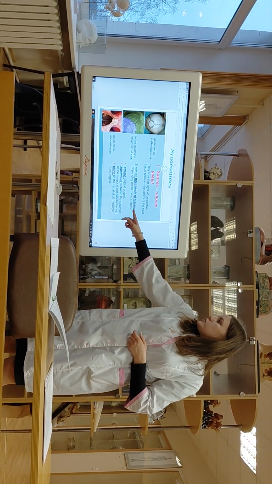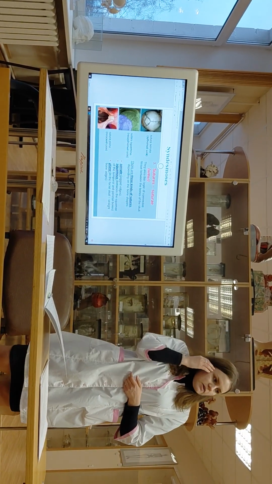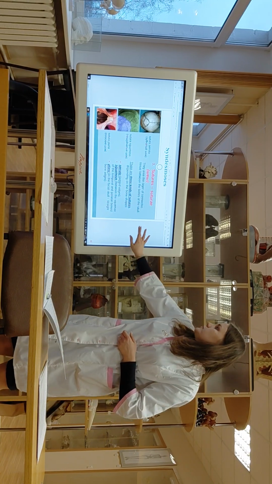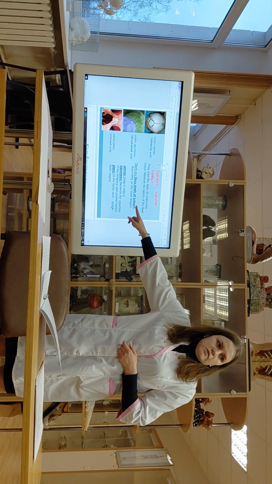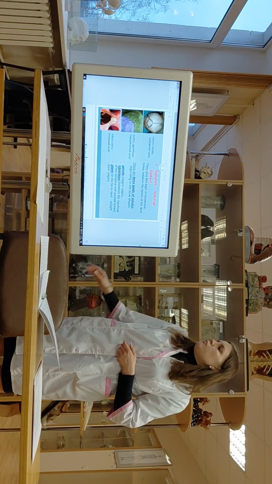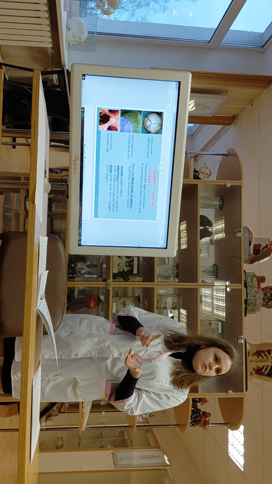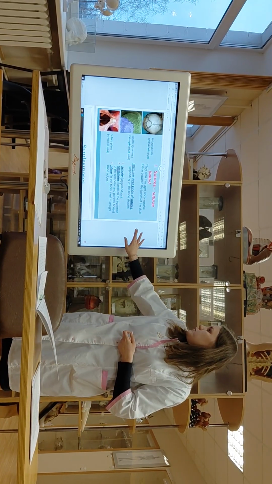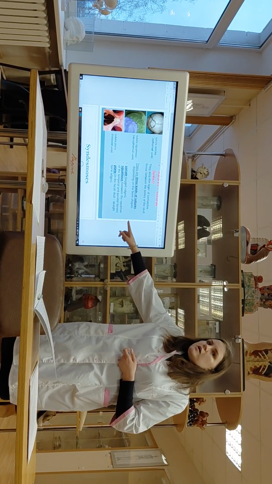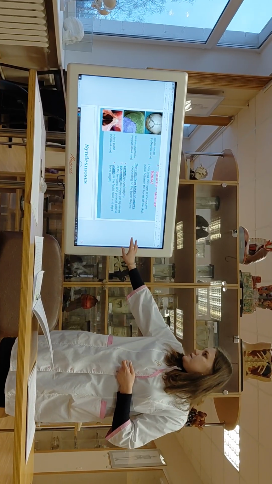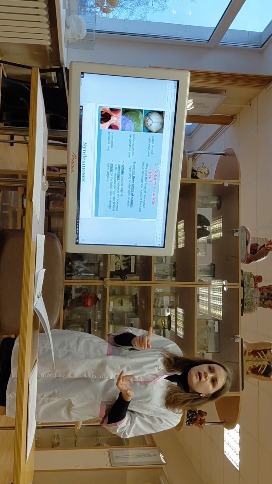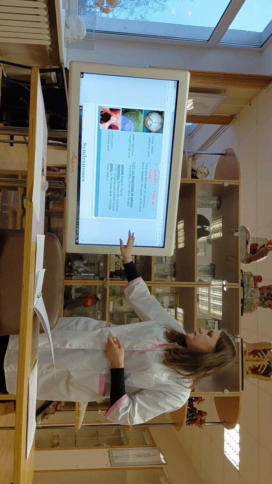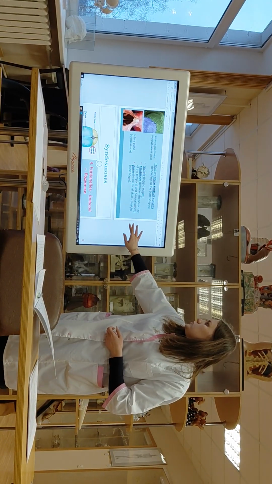Squamous is between the temporal and parietal bone. So we have three types. Plane is between facial bones: maxilla, zygomatic bone, mandible, nasal bone, all these bones.